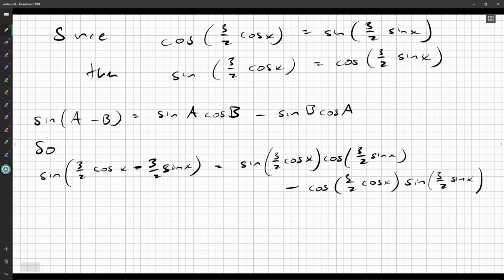And is this what I want? What I want is for things to sort of cancel each other out, and I don't think I'm going to get that.